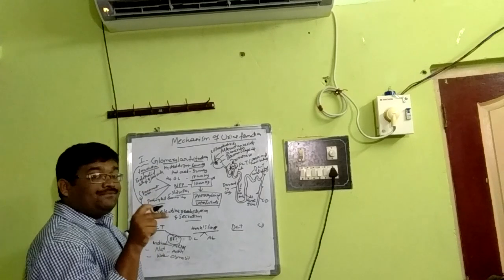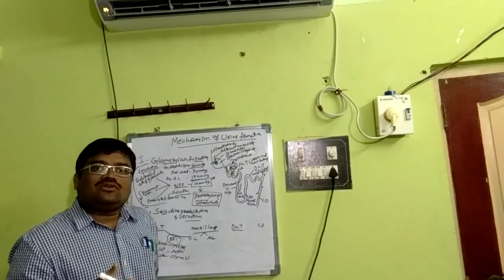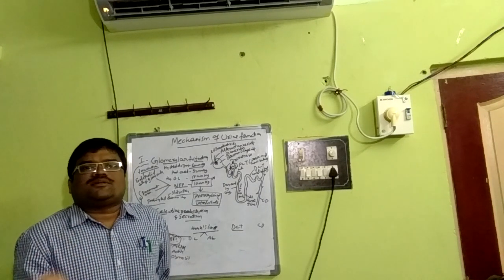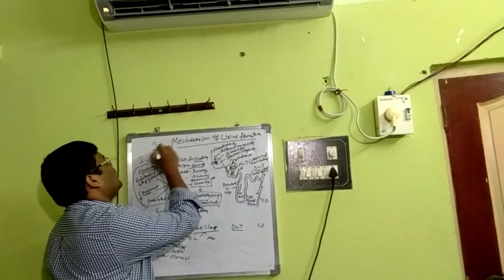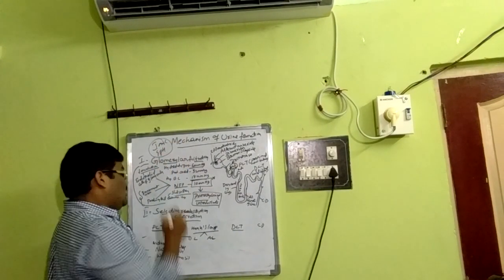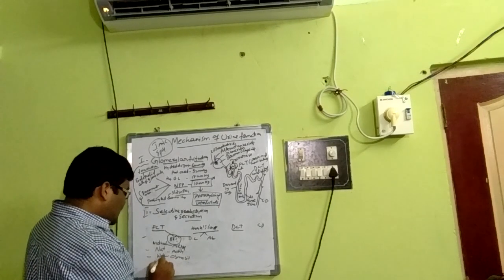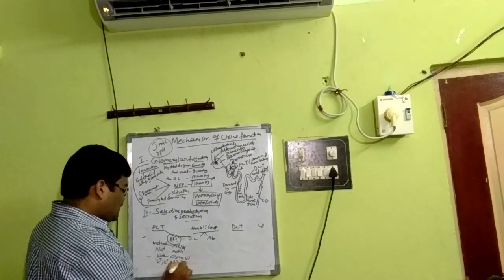I told you already, we have to secrete certain components, and here secretion is not only for excreting the unwanted substances, but also to maintain ionic balance and pH balance of body fluid. For that, secretion of H plus, K plus and NH3 is important.